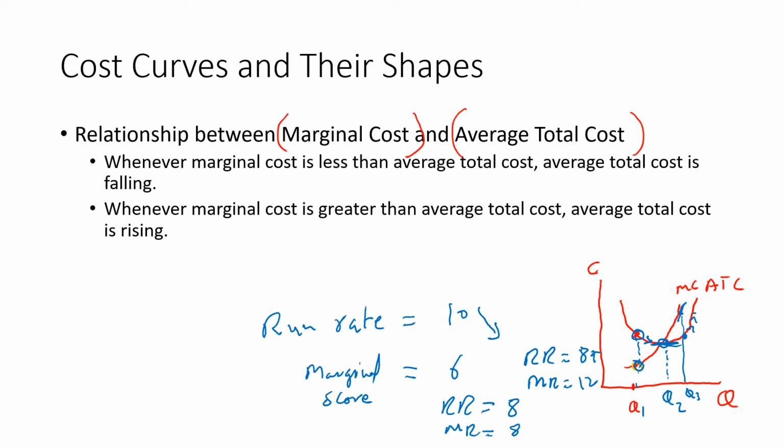So this is the basic concept for the cost as well. When marginal cost is less than the average cost, the average will fall. When marginal cost is equal to the average cost, it will remain the same and the slope will be 0. And when marginal cost is greater than the average cost, the average will try to catch up. So that is the basic idea.